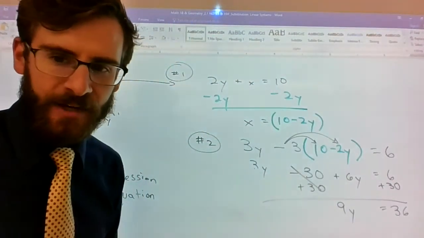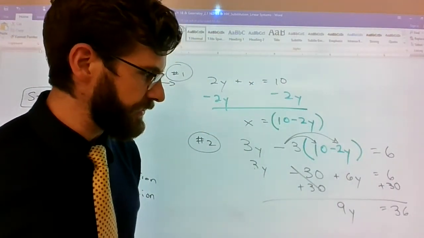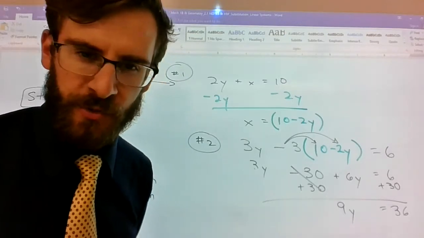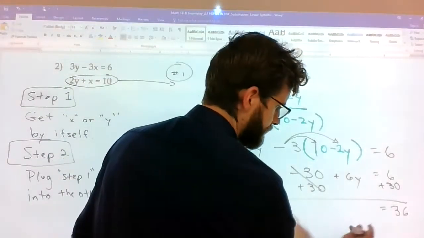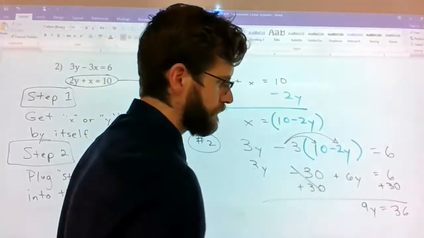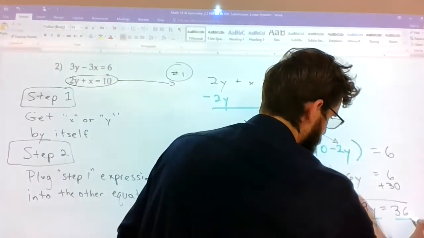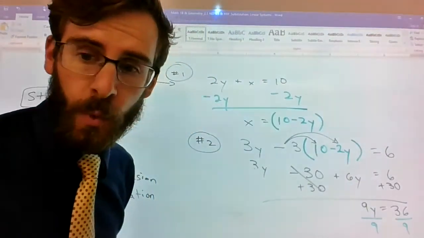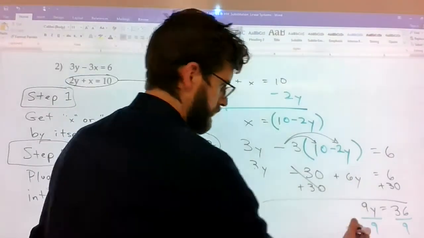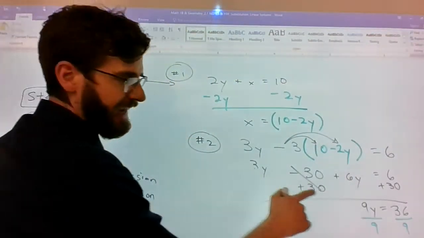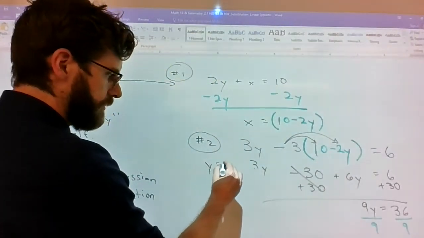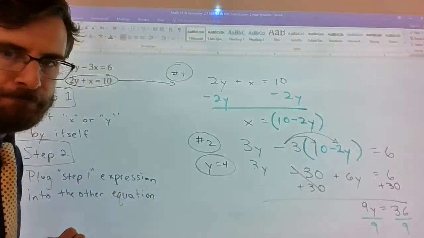All right, so I got 9y equals 36. I'll write them closer together so it doesn't look so awkward. Divide by 9. y equals 4. So at the end of step 2, I got y is equal to 4.